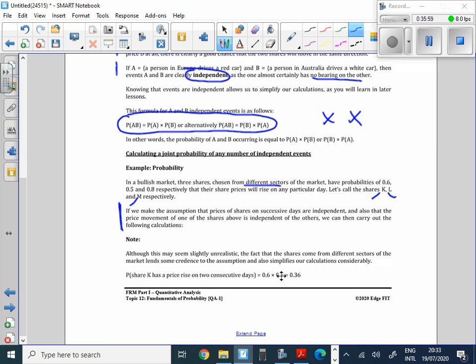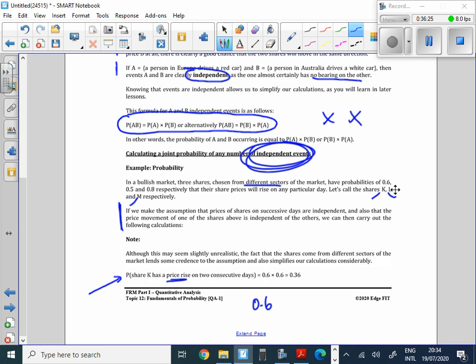Let's say, for example, I want to know what's the probability. Always remember, we put a P first. The probability of share K rising on 2 consecutive days. Now, if we say that the probabilities of rising on consecutive days are independent events, then it's purely going to be 0.6 is the probability of an up move on day 1.